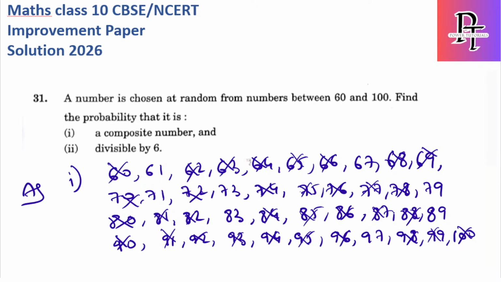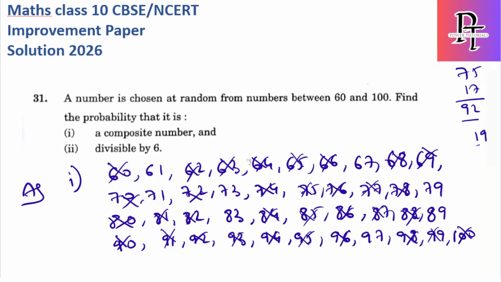Multiples of 11 are already done. 13 multiples, let's check. 13 times 5 is 65, then 78, and 78 plus 13 is 91. Next, 14, 15, 16 are composite. 17: 17 times 5 is 85, and 17 times 4 is 68, adding 17 to 75 gives 92, which is already crossed. 17 is done.